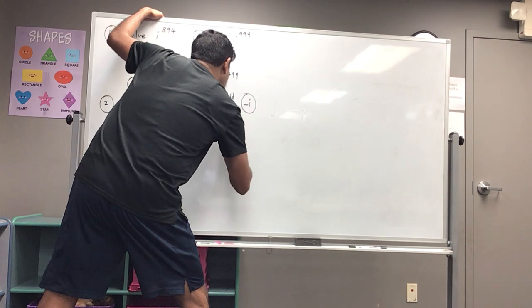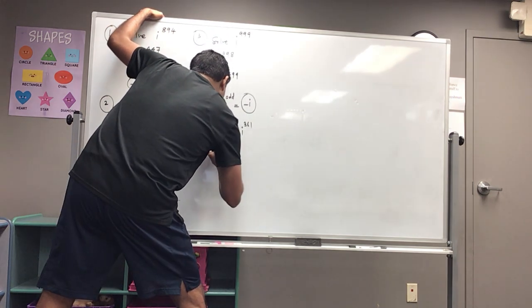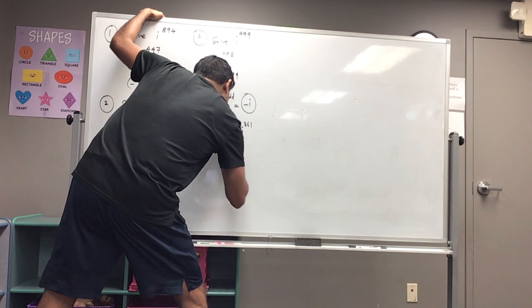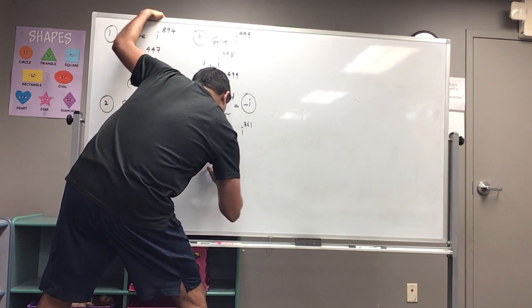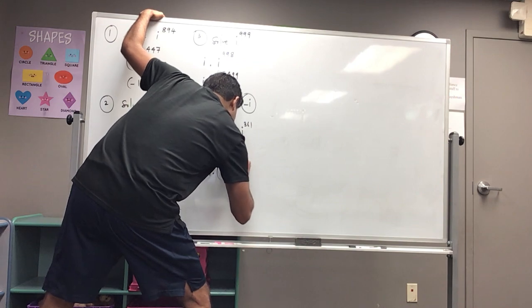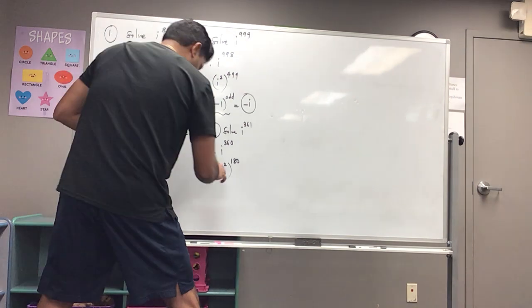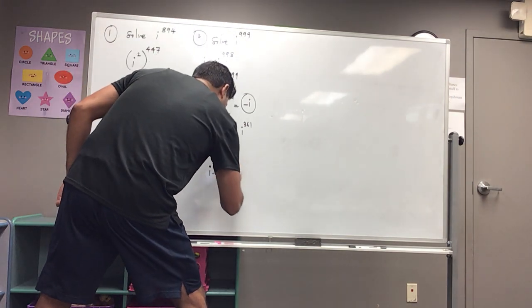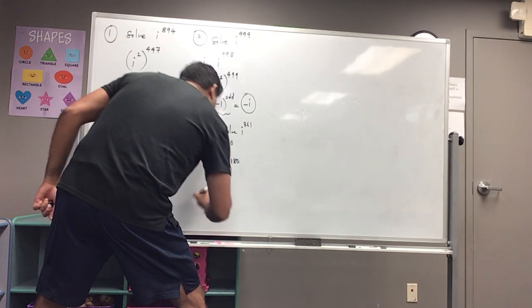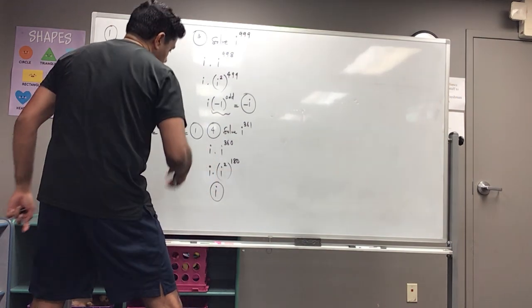I should have written solve. i raised to 361. i times i raised to 360. i times i squared raised to 180. Am I right? So negative 1 raised to even is positive 1 times i is i.